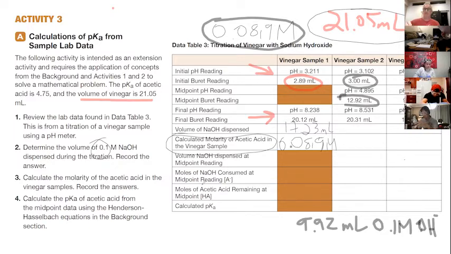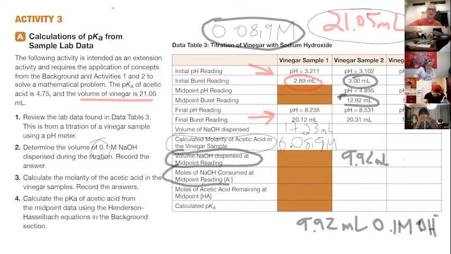So that's the volume, 9.92. What you want to do is then, what's the volume dispensed at the midpoint? 9.92 mils. What are the moles of sodium hydroxide consumed at the midpoint? That would be 9.92 times 0.1 molar sodium hydroxide. So figure out the number of moles of sodium hydroxide that would have been consumed.